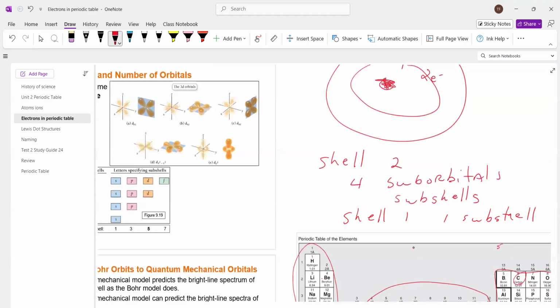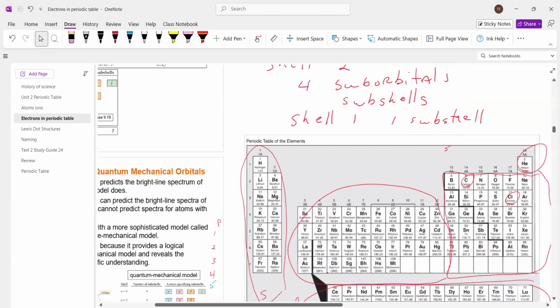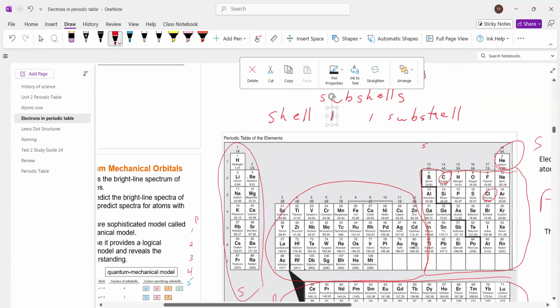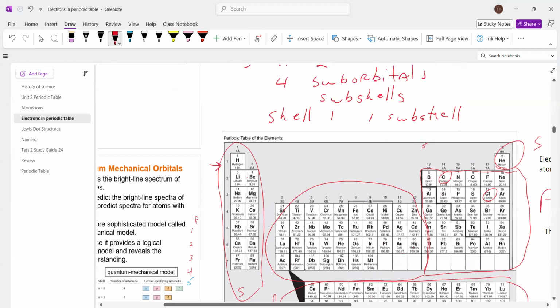Now, quantum mechanics labels every single electron in the atom. So with lithium, we have 3 electrons, 3 labels. Now, let's look at the periodic table here. That's shell 1, or period 1. Shell 2 and shell 3.